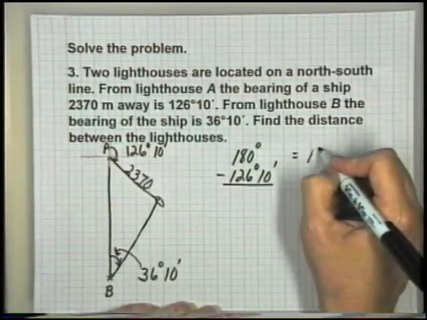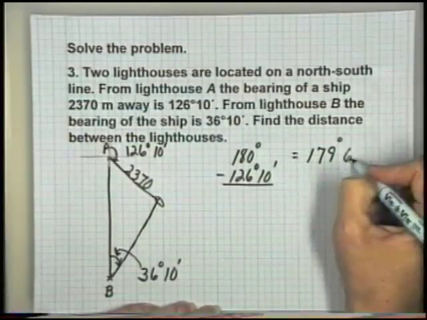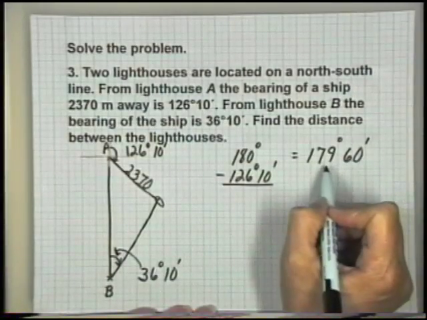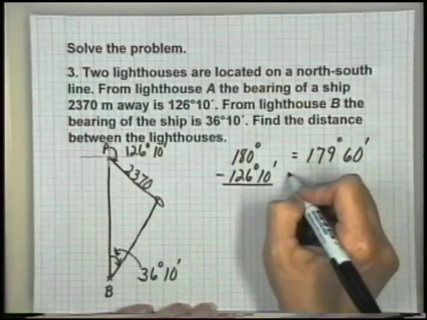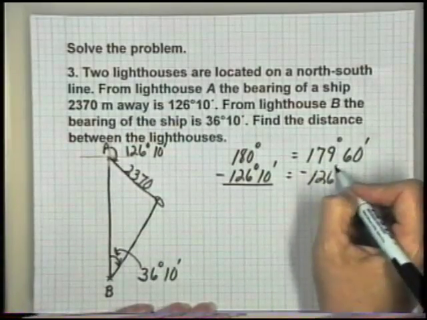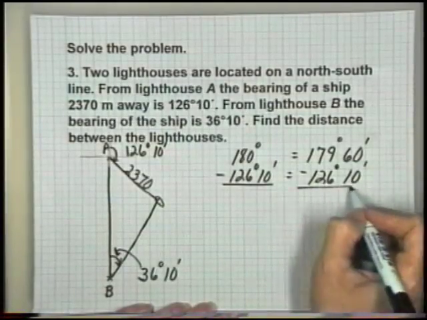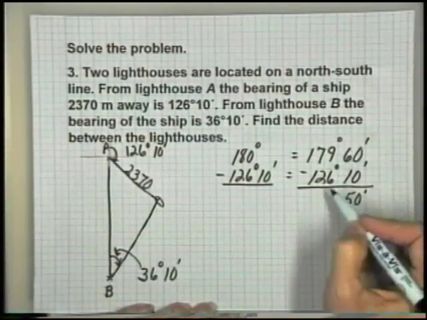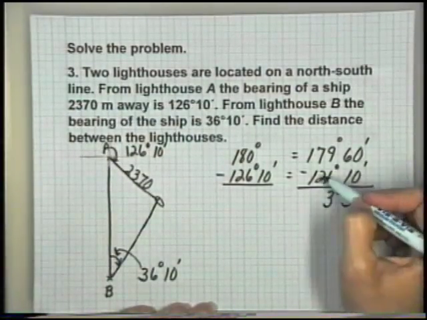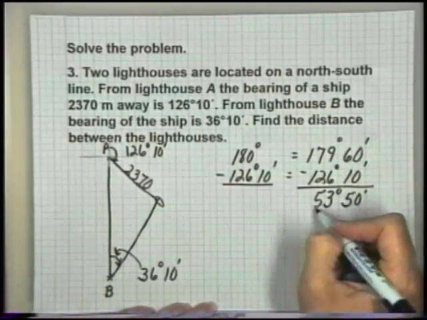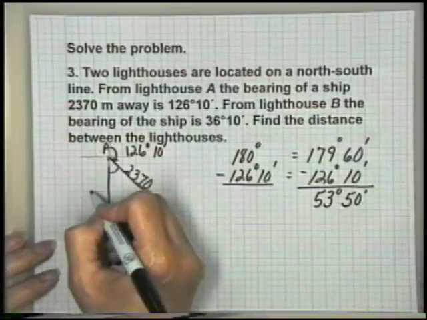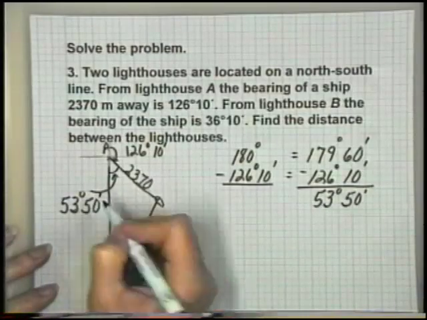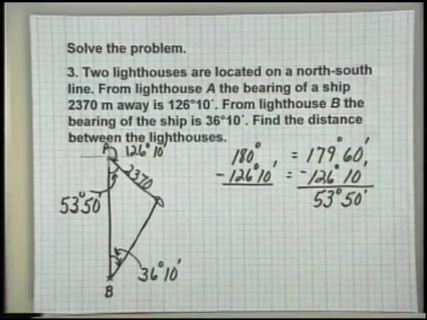Of course, I need to rewrite that 180 as 179 degrees 60 minutes. 60 minutes is 1 degree, and 1 degree plus 179 degrees gives me 180, and then I can subtract the 126 degrees 10 minutes. 10 from 60 leaves 50 minutes. 6 from 9 is 3, and this starts my degrees. 2 from 7 leaves 5. So I know this angle right here is 53 degrees 50 minutes.